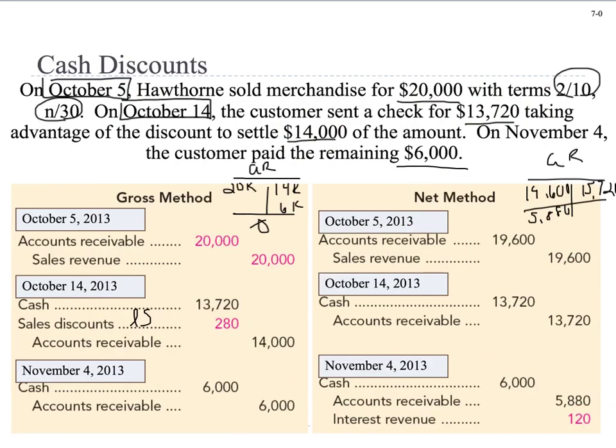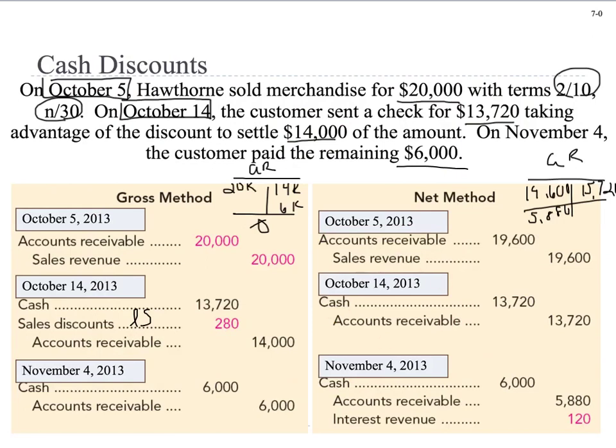which also shows up on the income statement. So this 120 is essentially increasing revenue, right? Because they didn't utilize the full discount like they thought they were going to on October 5th, because by the time they used the discount, they had only paid $14,000 and they had a remaining $6,000 to pay. If they had paid all, in this case, $19,600, the entry would have been done right on October 14th.